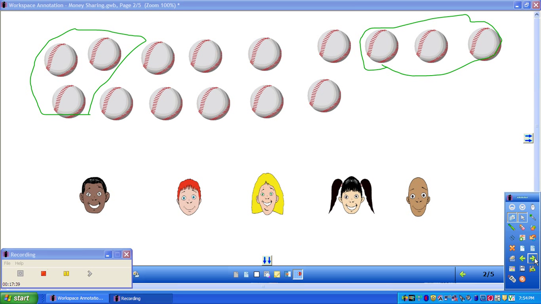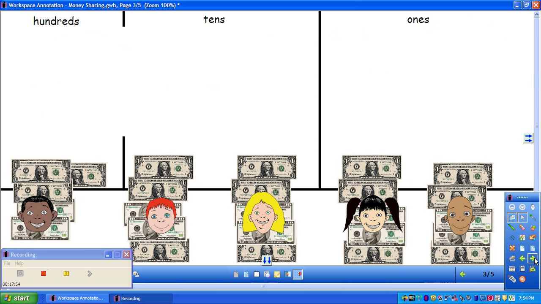So we then have to move past that idea into a place value concept, where you have to decompose units of a higher place value into an equivalent form of a lower place value, so that you have enough to share.